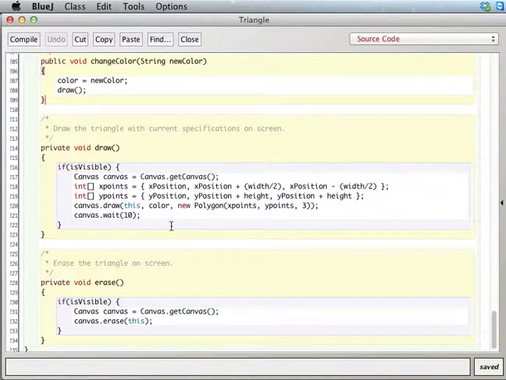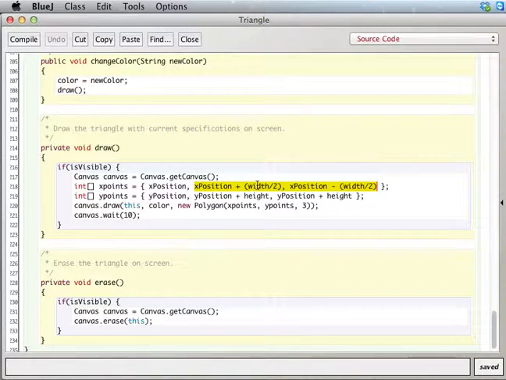I think it's down here, yeah, to draw, you got your x points and your y points. So for this guy, you have 3 x coordinates: x position plus width divided by 2, x position minus width divided by 2. So already you got something going on here. You can see that this first x here is in the middle, in between these two, right?